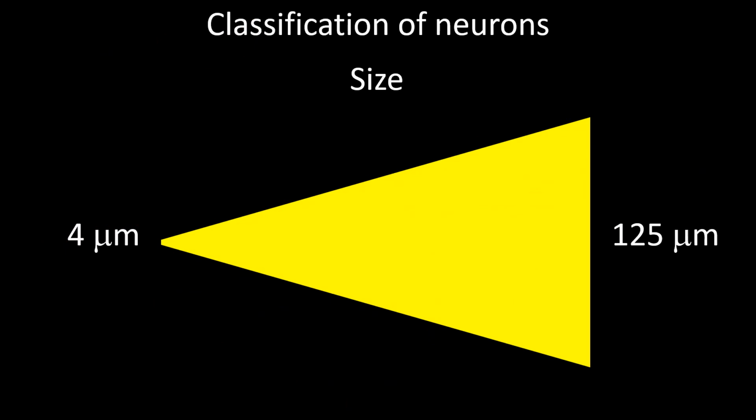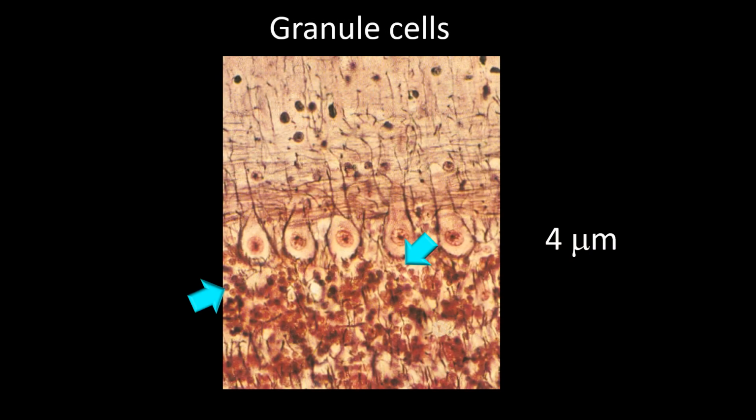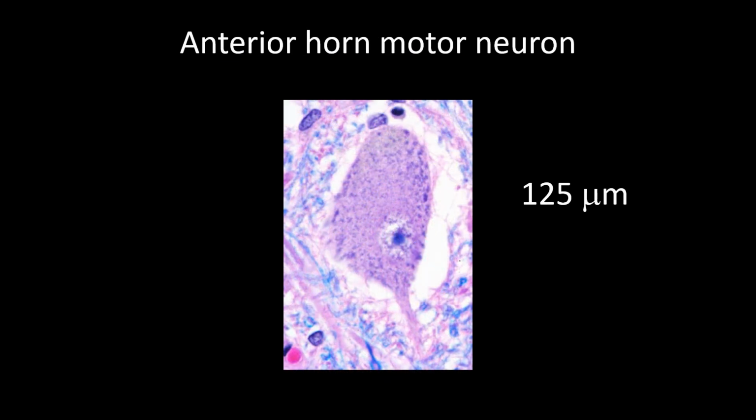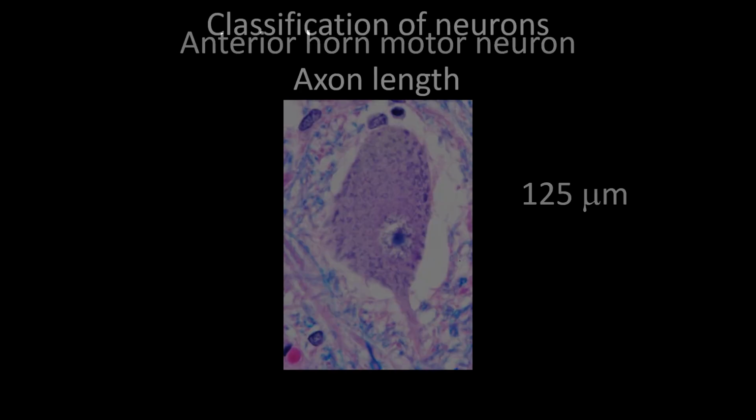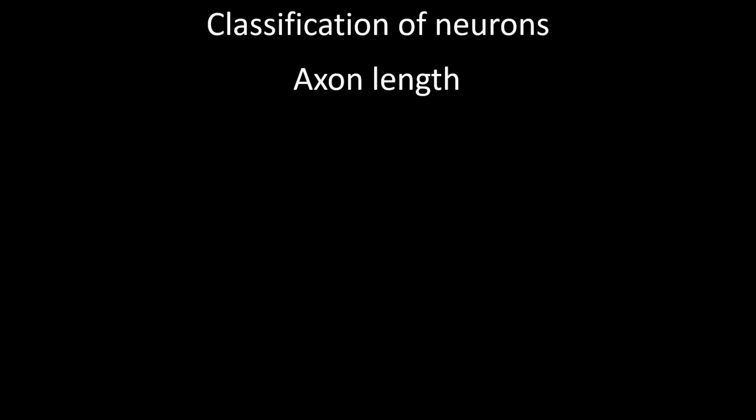Neurons can be classified according to size. Some are as small as 4 microns. Others are as big as 125 microns. Granule cells in the cerebellum are very small, and anterior horn motor neurons are very big. Neurons can also be classified according to axonal length.